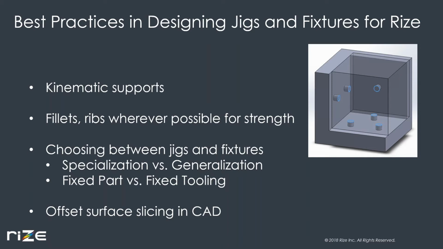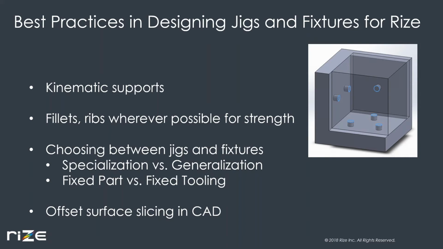This approach prevents any variation in placement from one part to the next. However, in many cases, this degree of precision isn't quite necessary, and a simpler support method is sufficient.